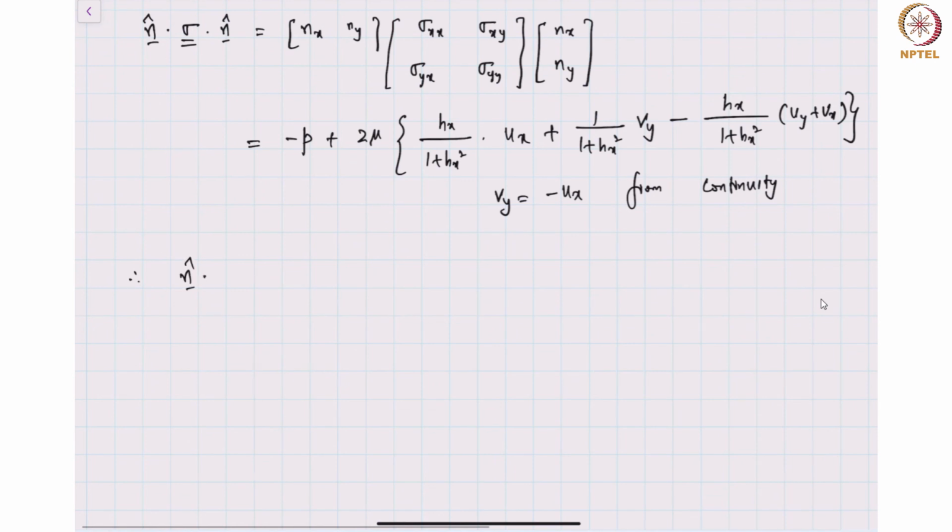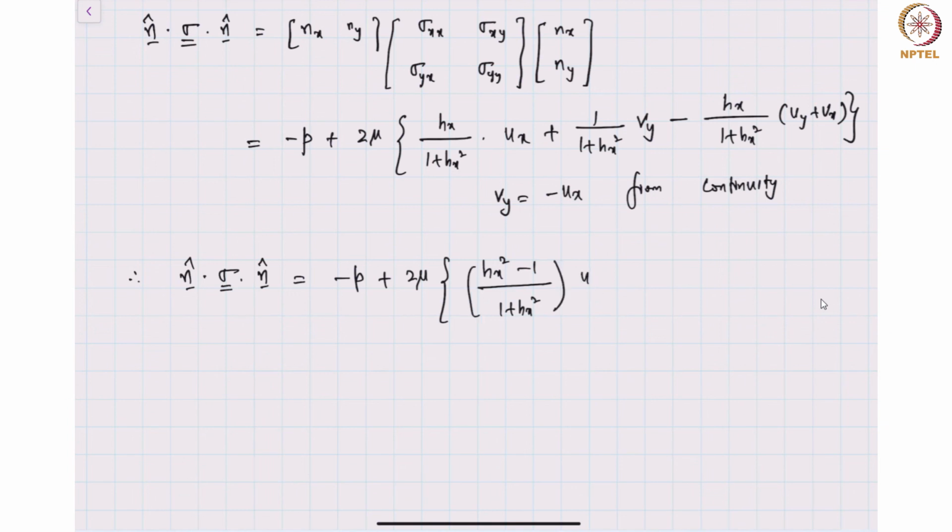Therefore, I get something like n dot sigma dot n is minus p plus 2 mu times hx square minus 1 by 1 plus hx square times ux, minus hx by 1 plus hx square times uy plus vx.